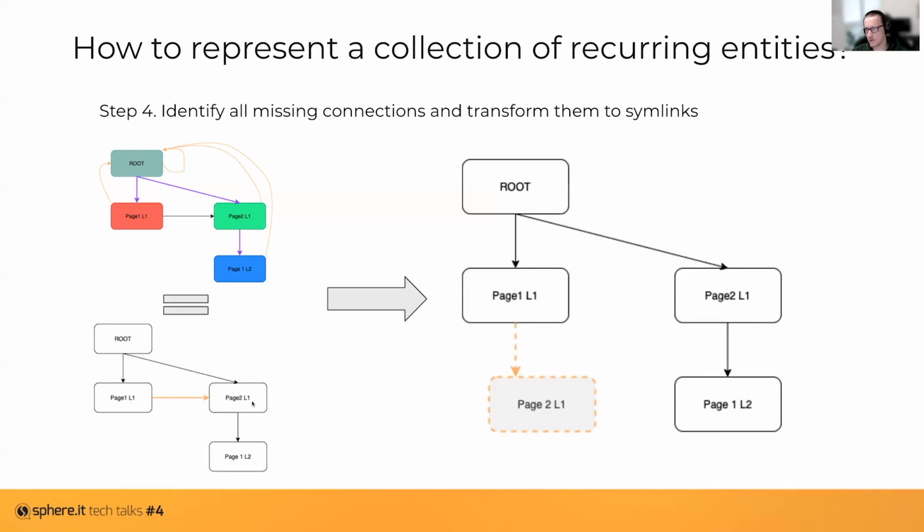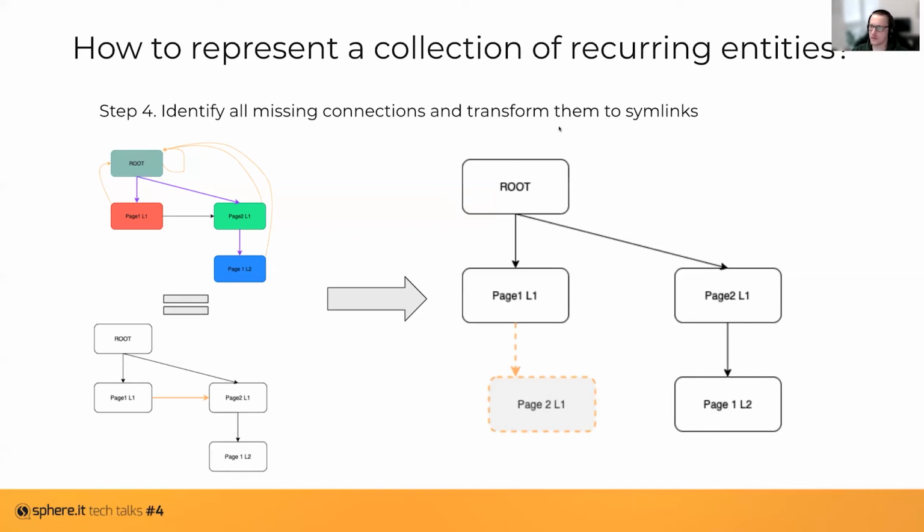And now we have to transform them to symlinks. So a symlink is a representation of a virtual connection to a virtual node that's pointing to the real child element, page 2, 1.